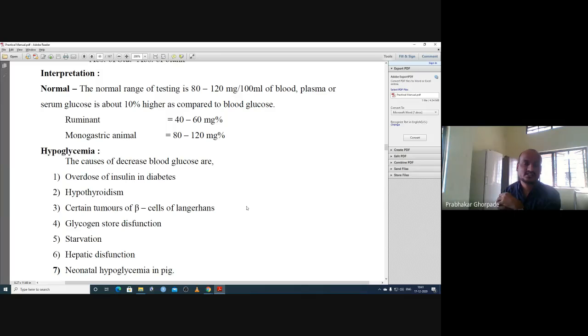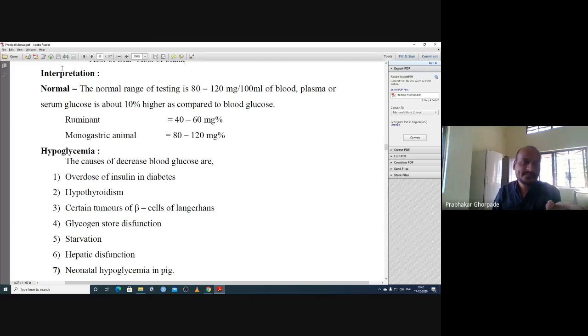So with this interpretation we want to know whether there is hyperglycemia or hypoglycemia, and based on this condition, if they have hyperglycemia, we want to go into detail about why it is there and what we can do about it. If it is hypoglycemia, what are the disease conditions in which it can be present, and what treatment options can we follow. For that purpose, we have this biochemical testing done in our laboratory.